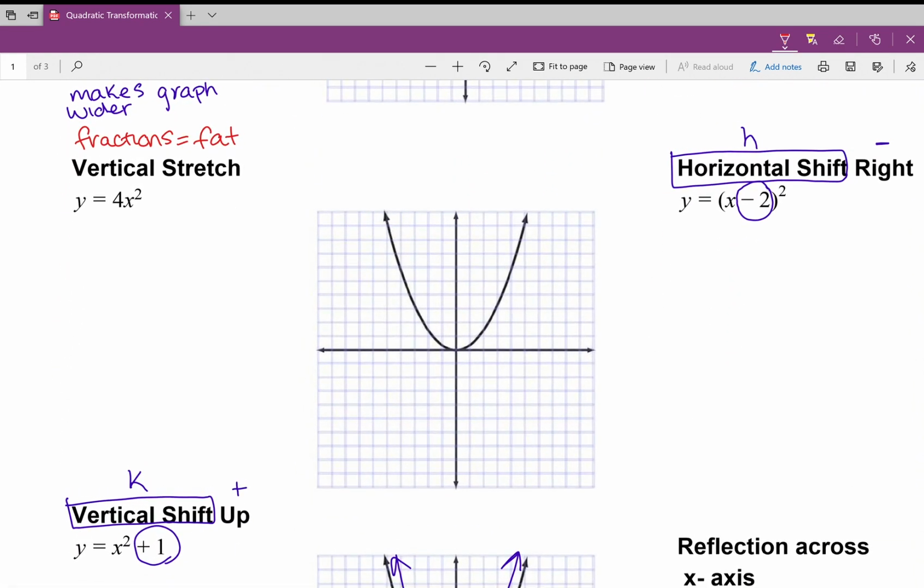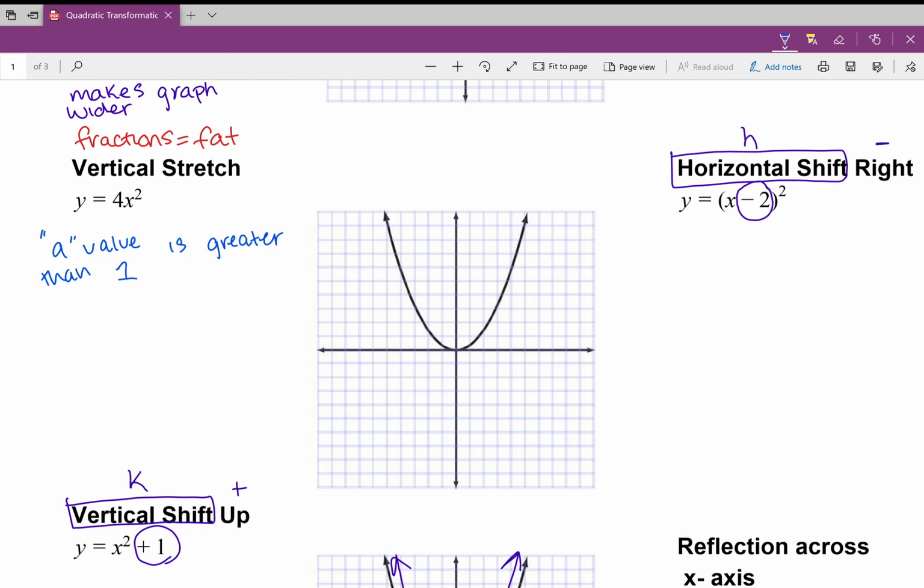Vertical stretch is another one that deals with the A value. So this is when the A value is greater than 1.